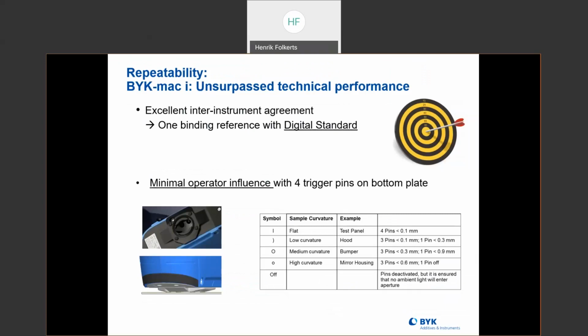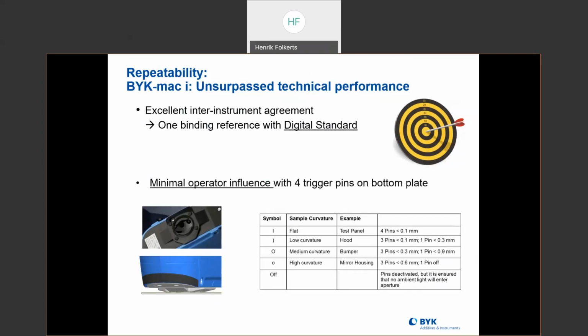The last thing we want to look at is how affected the instrument measurements are by operator. And so on the bottom of the Bic Mac, there's 4 pins that can be set at different curvatures, and that is to accommodate the different types of parts that you might have to measure. But you want to have really reliable and repeatable measurements that are operator-based.